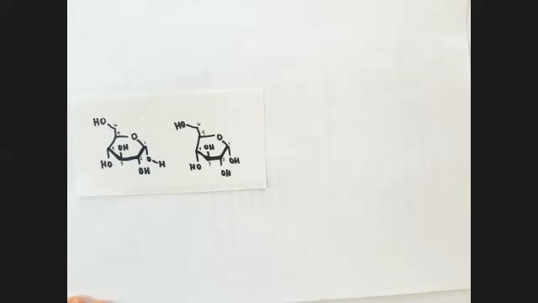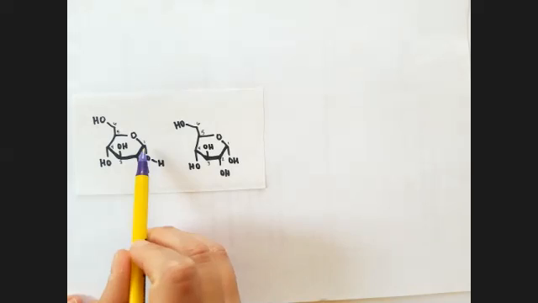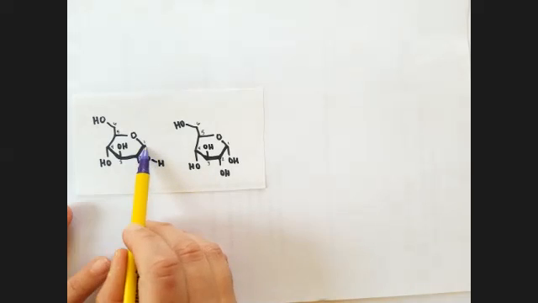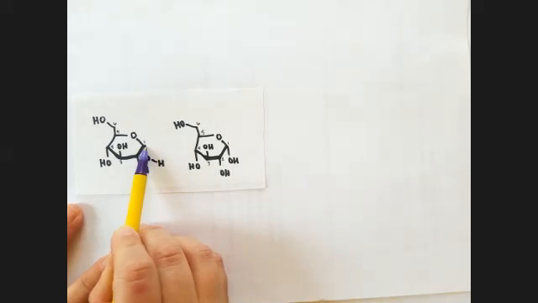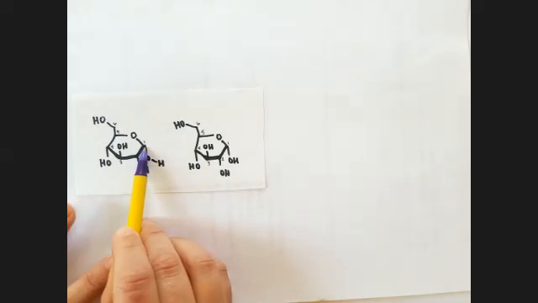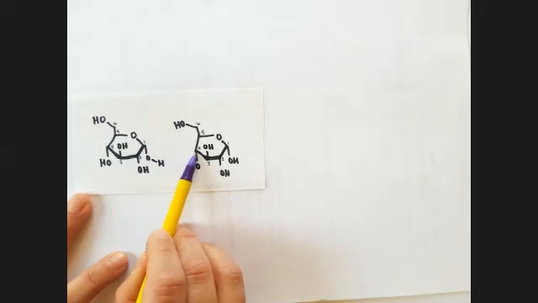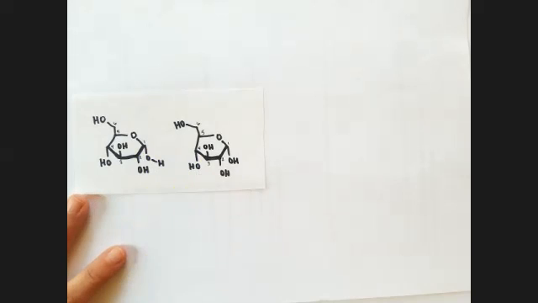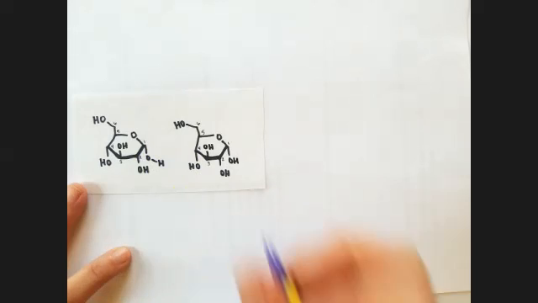In this case, the 1 carbon, the anomeric carbon, on this molecule will link via an ether group to the number 4 carbon on this molecule. The hydroxyl group is lost from one molecule, grabbing the hydrogen from the other.